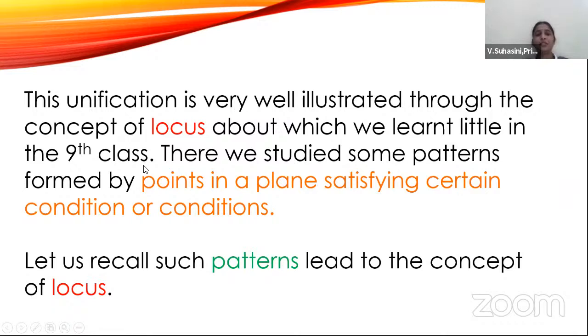Hope you all have understood a little about the locus in class 9, children. You are familiar with this topic. It's not new. In mathematics, we always learn the concepts from known to unknown. So we learn higher concepts starting from the concepts you have already known in your previous classes, in your school ages.